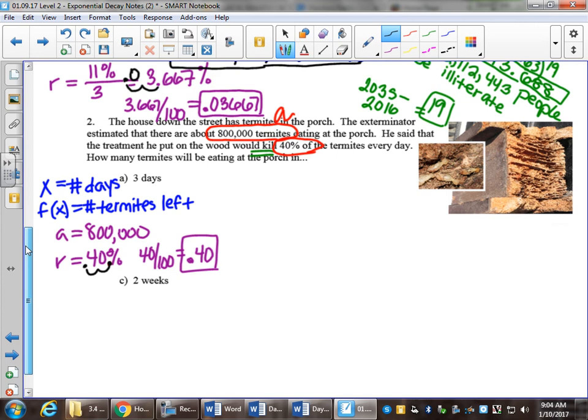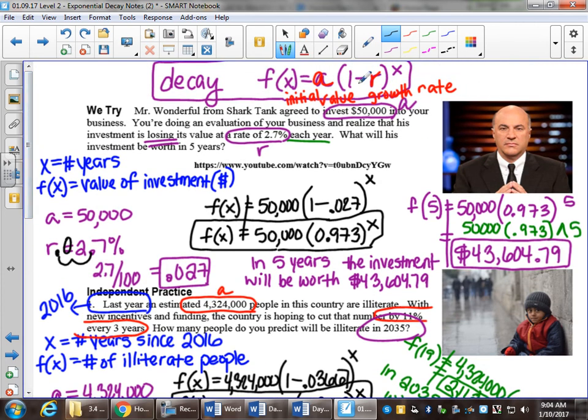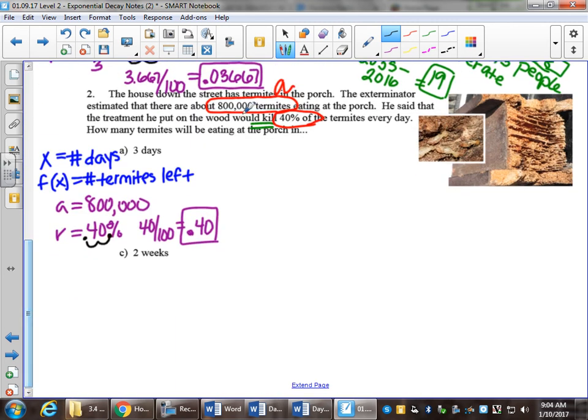So mentally, have it in your head, or look at the top. Look at what you wrote at the top. That's exactly what we're going to write. So try on your own to write the model, and then we'll compare.